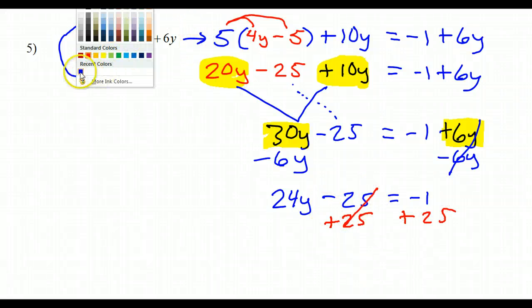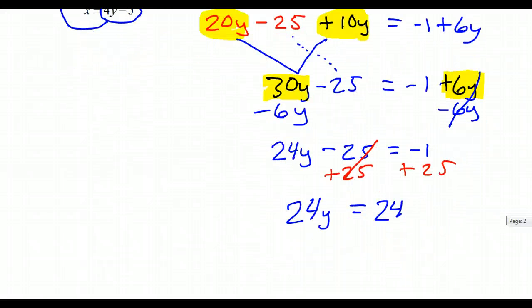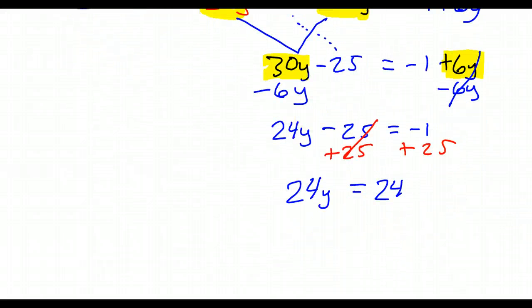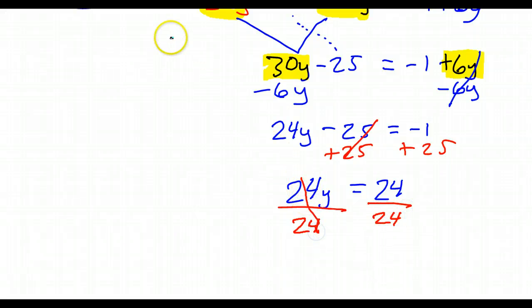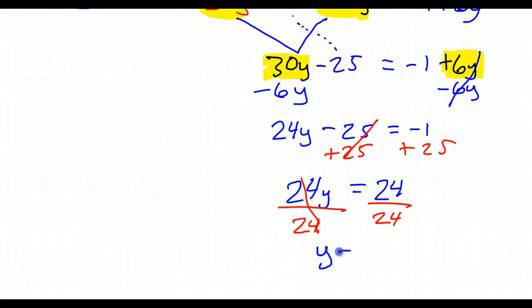So this is going to leave me with 24y is equal to 24. Okay, so now I just divide by 24 on both sides. Those cancel out. So that leaves me with y equals 1. So that is half of my answer, y equals 1.